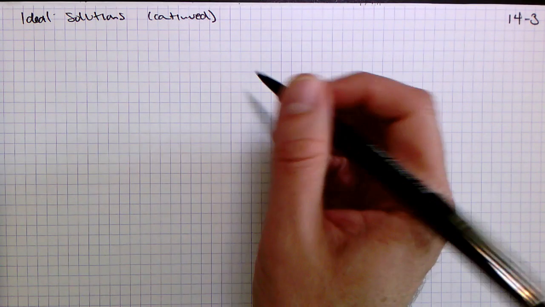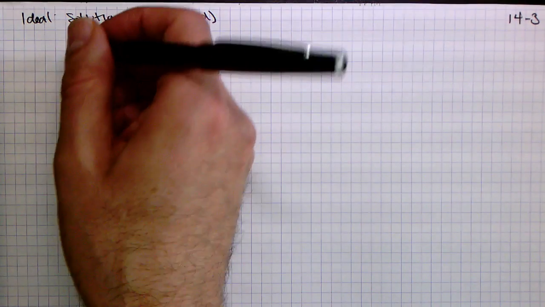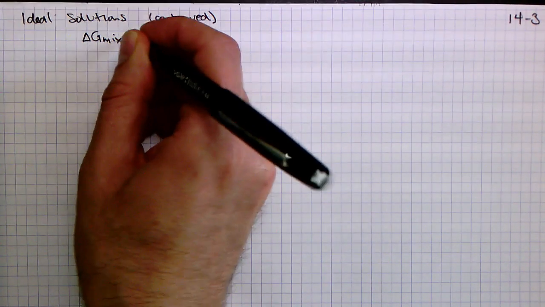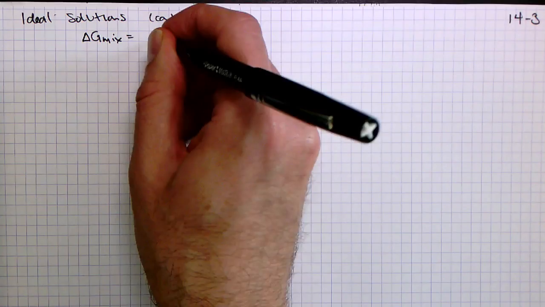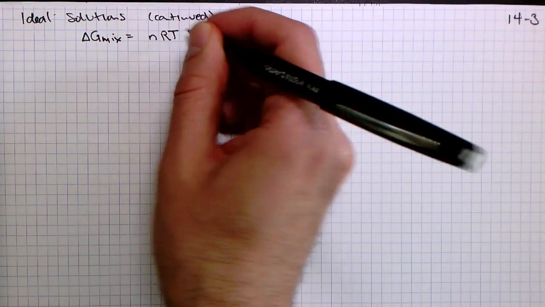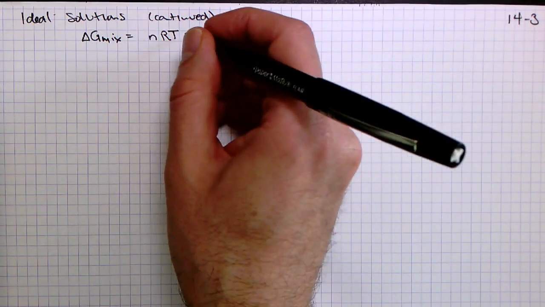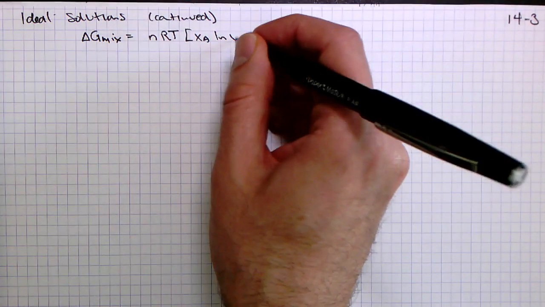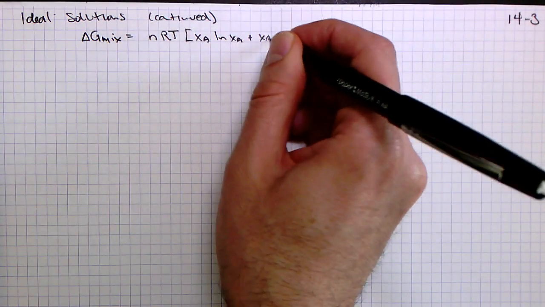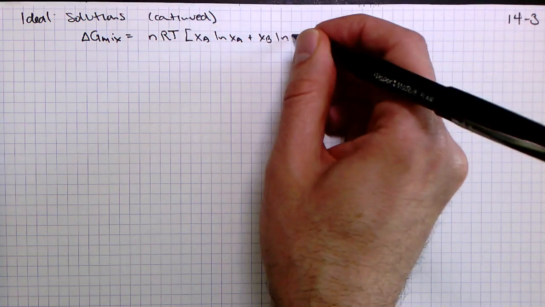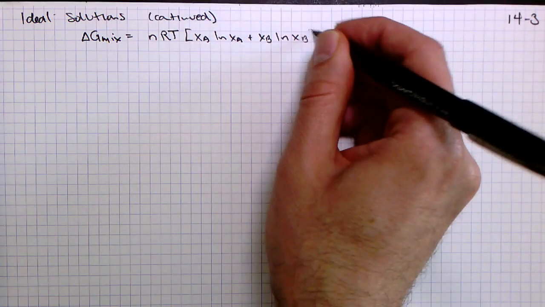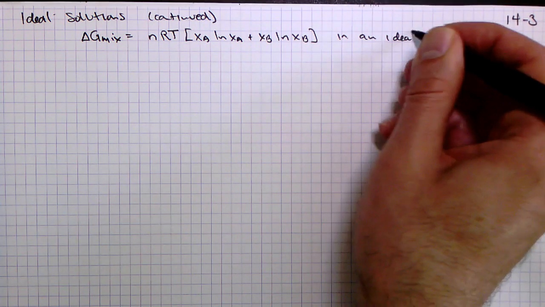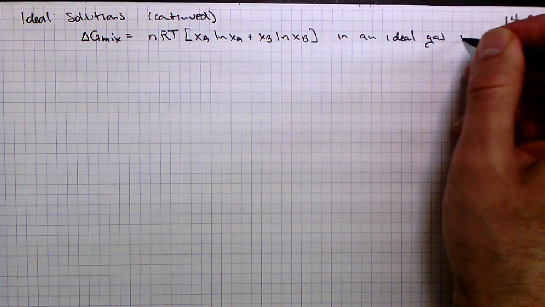So in the last lecture, we figured out that the change in free energy on mixing was equal to the number of moles times the gas constant times the temperature times the mole fraction of A times natural log of the mole fraction of A plus the mole fraction of B times natural log of the mole fraction of B in an ideal gas mixture.